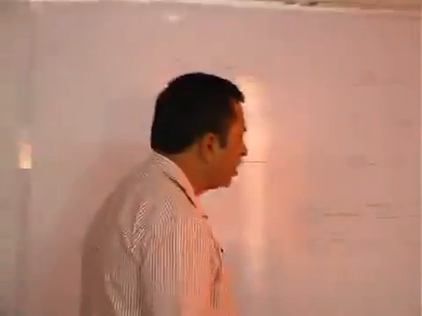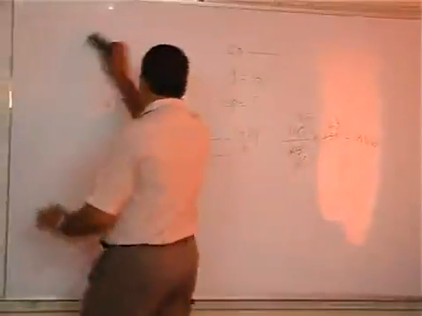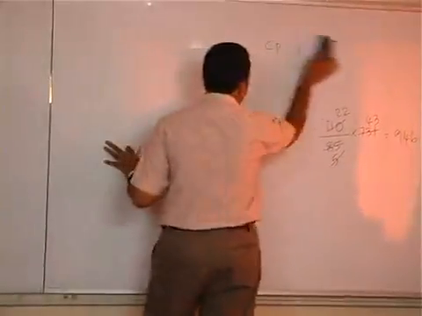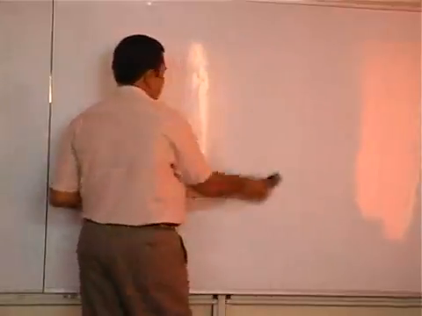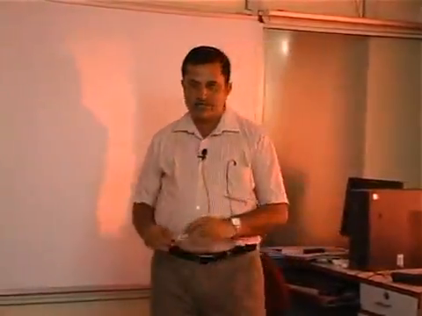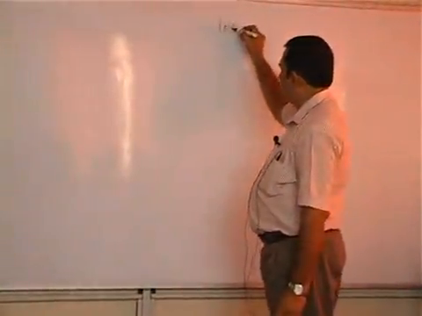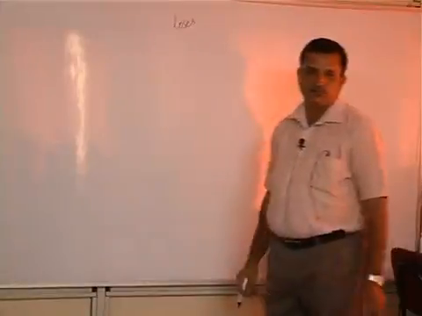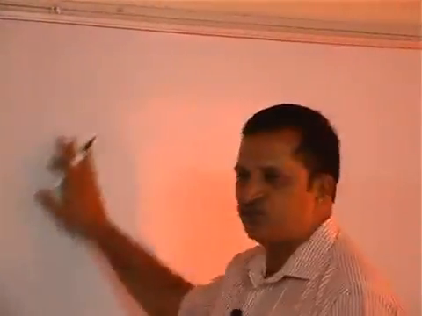By selling an article for rupees 620, a man loses 7%, loses, L-O-S-E-S, don't put double O. So by selling an article for rupees 620, a man loses 7%.